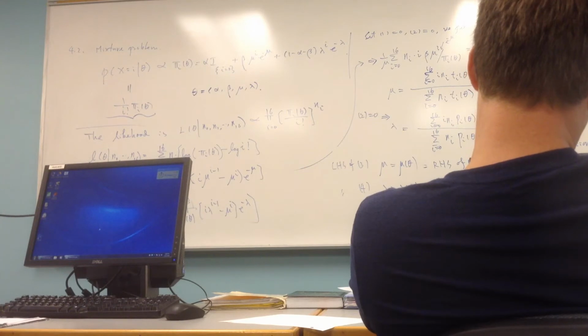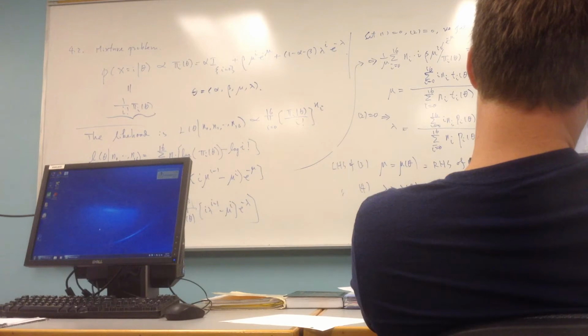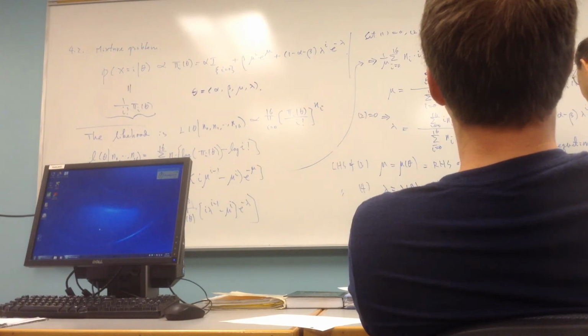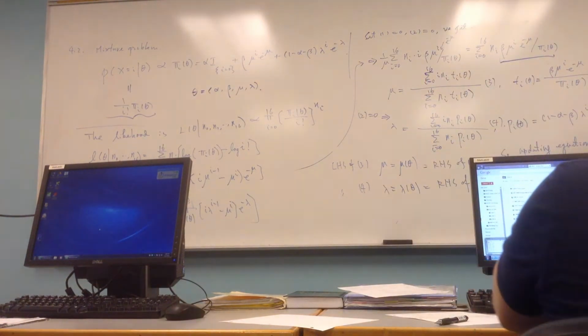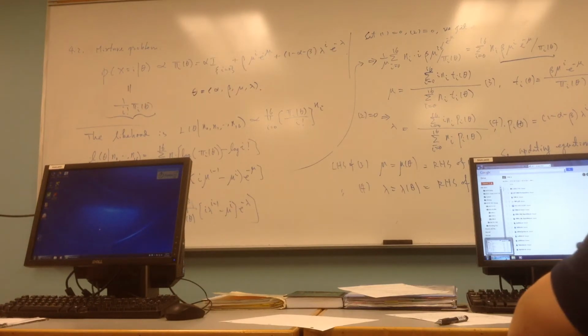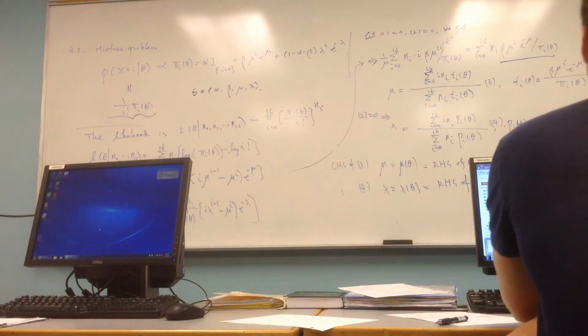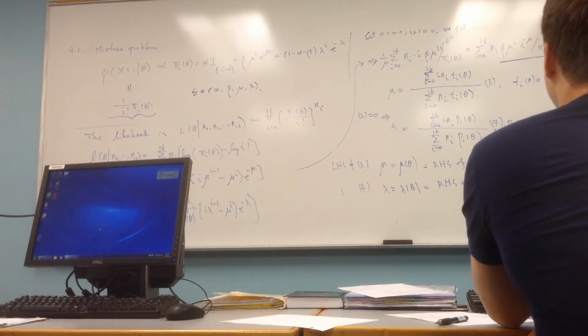So if you give me this and all the past ones, how do I update? This is how I update it. And then lambda t plus 1 is the lambda of the theta t. And this is from where? From 3 and 4. So that's how you update it.